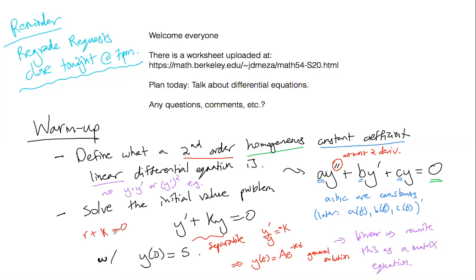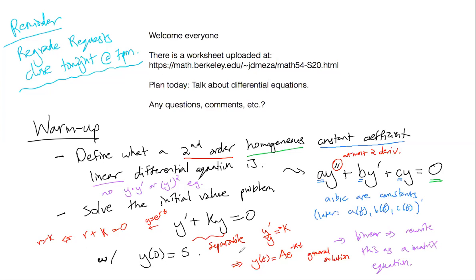Just instead of a quadratic, it's a linear polynomial, and so you get r equals negative k, and then you plug that back in. So yeah, you can do the same thing. We'll talk about auxiliary polynomials again right after this as well.